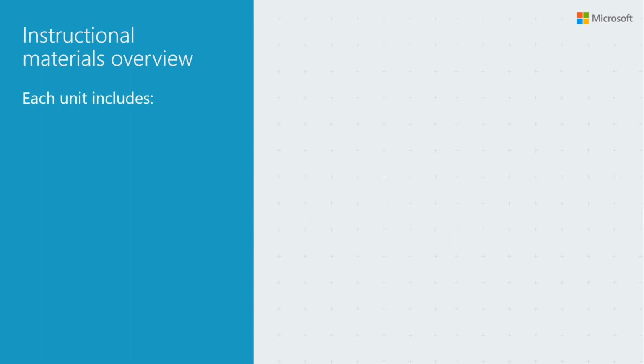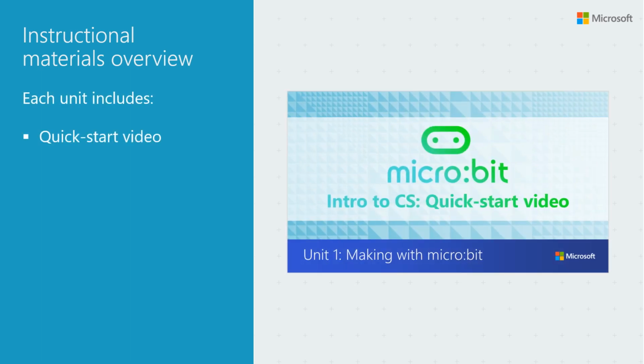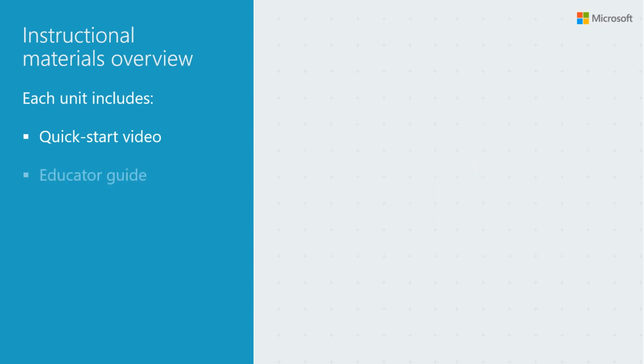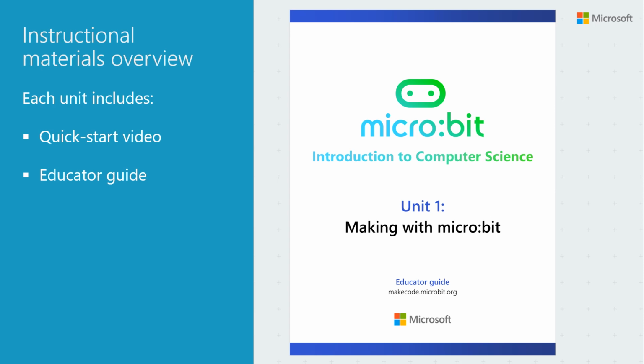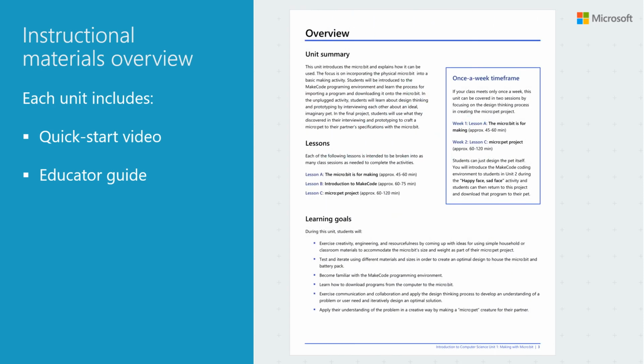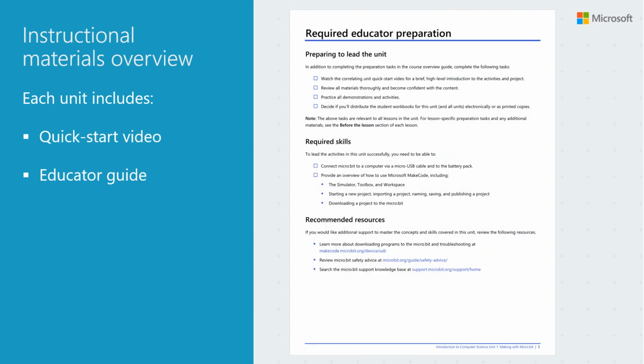Now, each unit has a short quick start video with a high-level introduction to the featured computer science concept, your key preparation, and activities for that unit. Each unit has its own educator guide with an overview of the goals and the standards that are addressed, any required unit-specific preparation and resources.